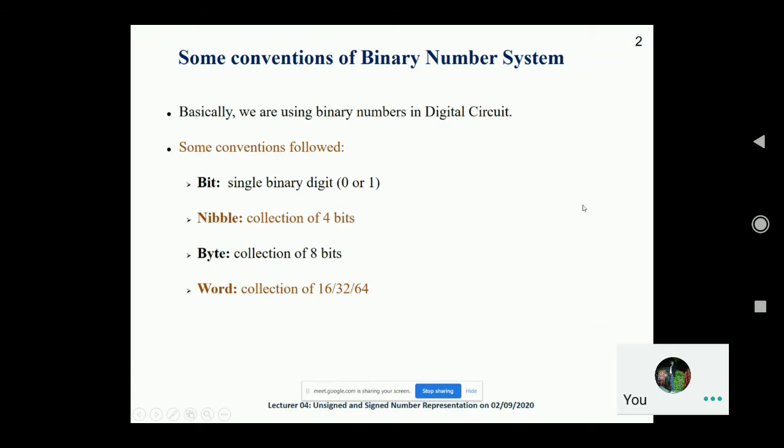Are you getting my point? So to represent any particular number, there is some sign symbol we use, called a positive symbol or a negative symbol. Because in digital circuits also we use the concept of signed or unsigned symbols.